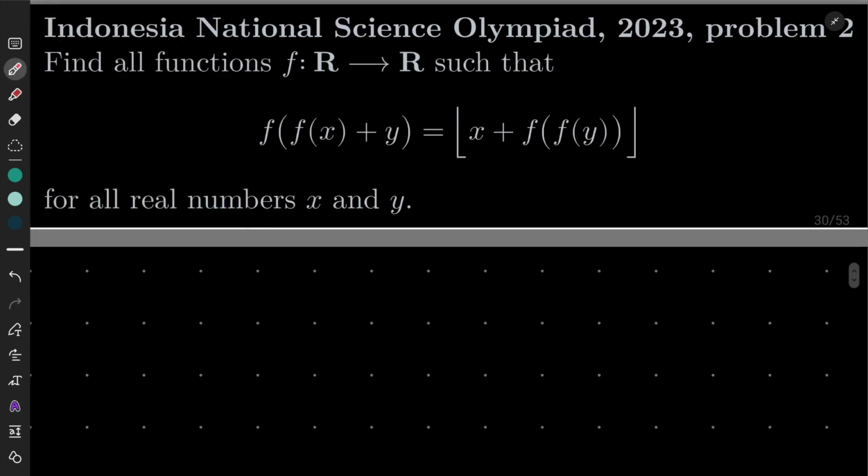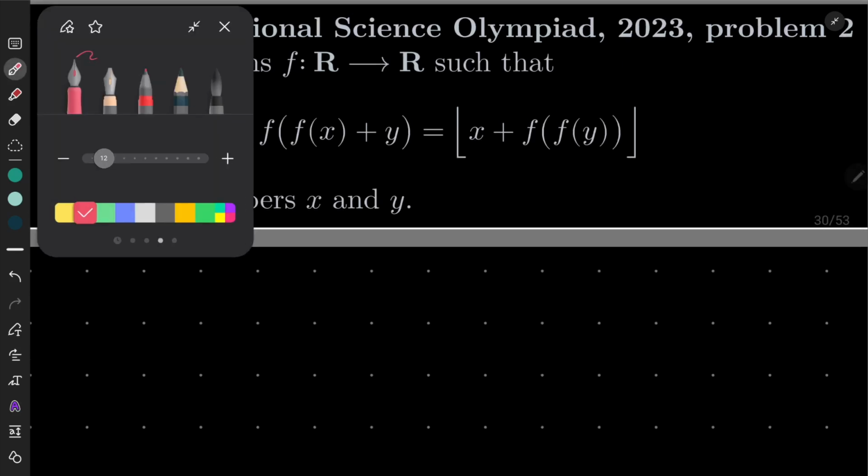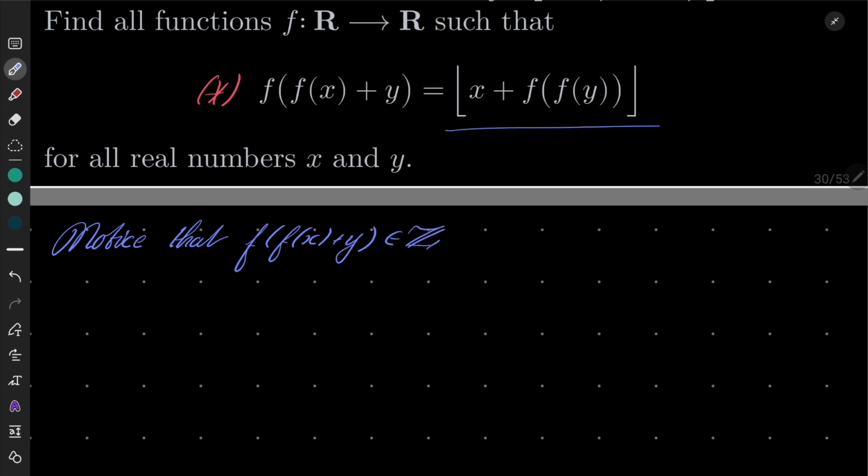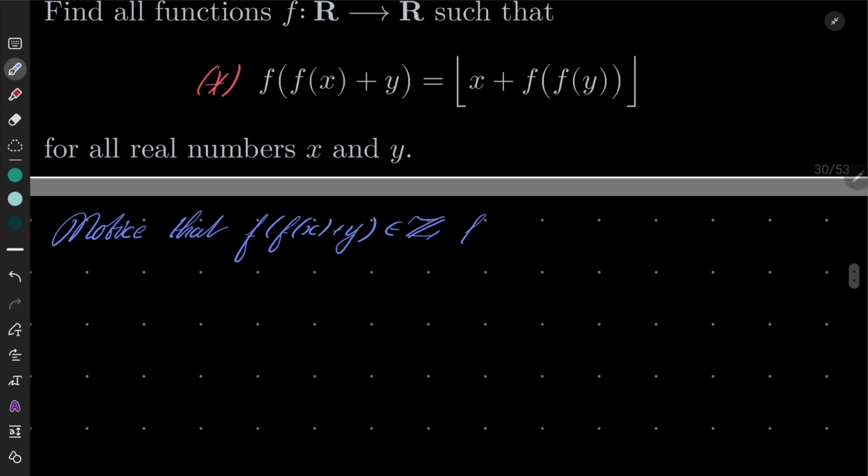Okay, so you know what, I will call my functional equation asterisk. And first of all, notice that f of x plus y is an integer. How do I know it? Because we have floor on the right hand side. Floor of any number is an integer. And that is true for any real numbers x and y.